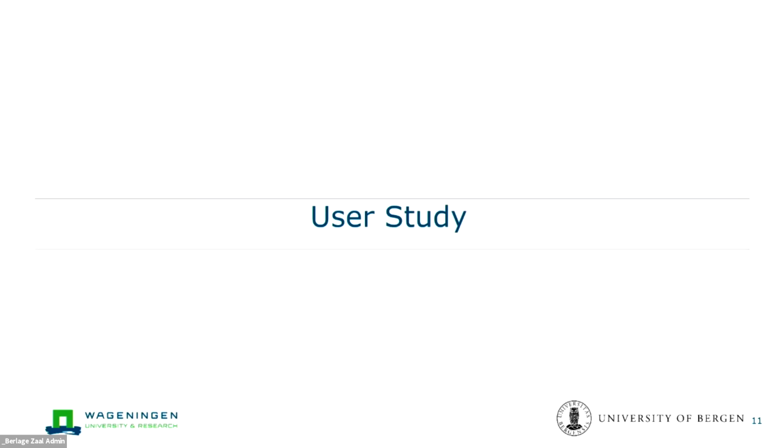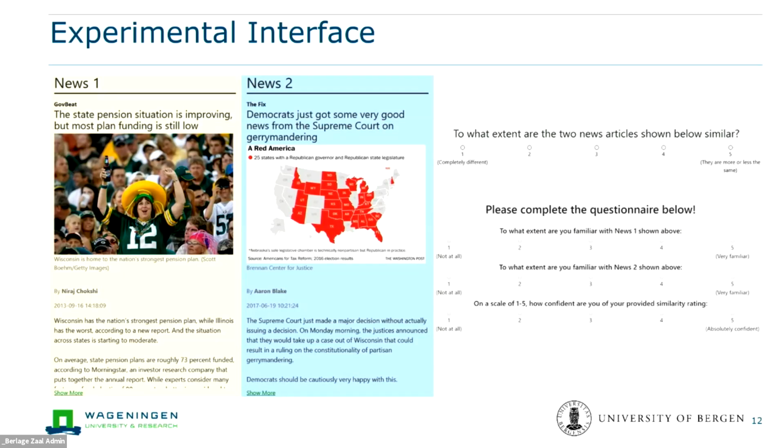So for our user study, we designed a task that was quite similar to the other study in the recipe and movie domain. So we presented two news articles on the screen, and we asked our participants, to what extent do you think that these two are similar on a 5-point scale? On top of that, we asked, how confident are you in your judgment, and how familiar are these news articles to you?